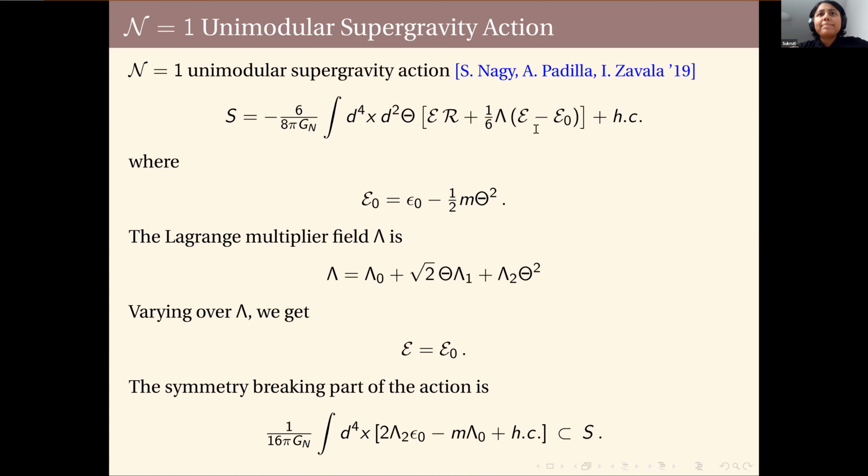And the Lagrange multiplier superfield lambda has these components: lambda naught, lambda 1, lambda 2. And when we try to eliminate lambda, we get this constraint on the volume element superfield, which is similar to the constraint we got on the determinant of the metric in unimodular gravity.